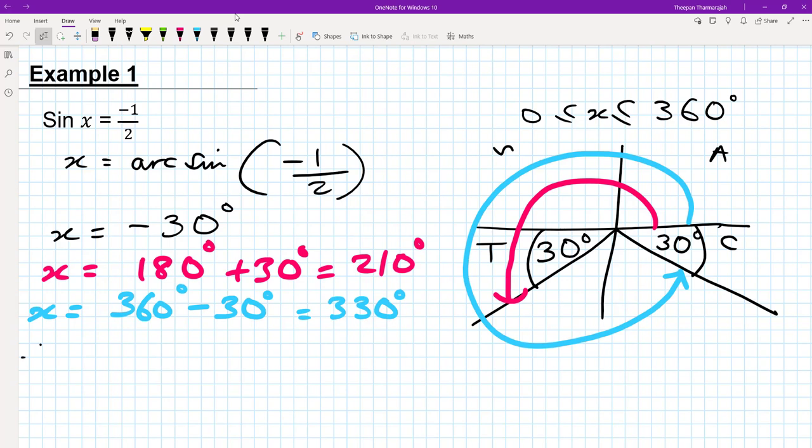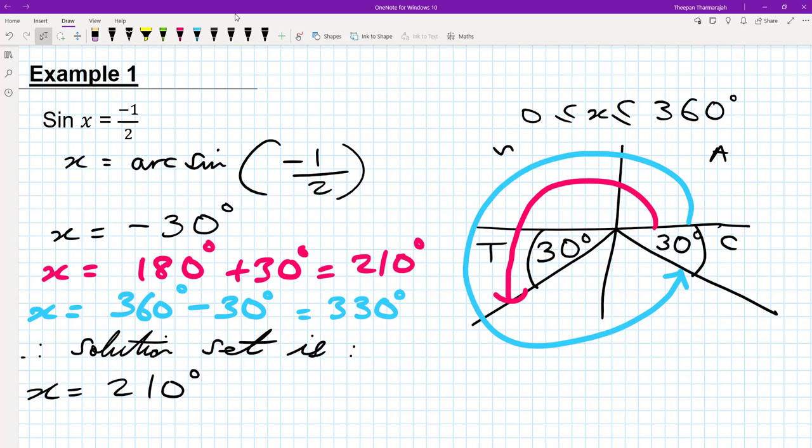So therefore the solution set is 210 degrees, 330 degrees.